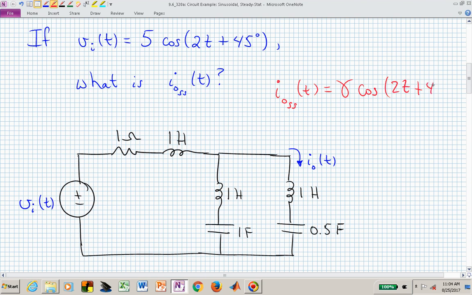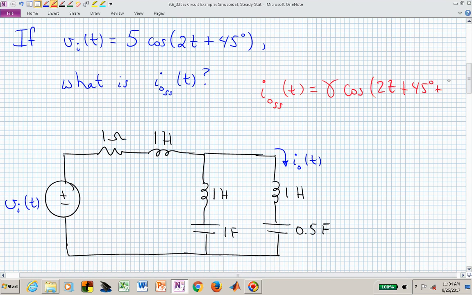It's going to be 45 plus some additional phase shift due to how the system delays the signal as it progresses through the system. I know that I should expect this structure for my sinusoidal steady state output at the rightmost branch.